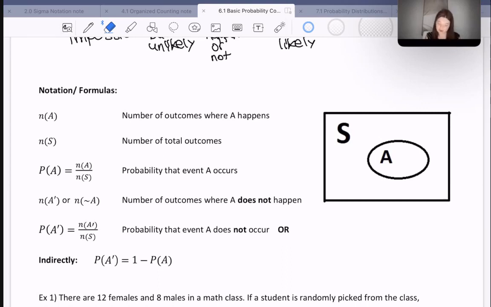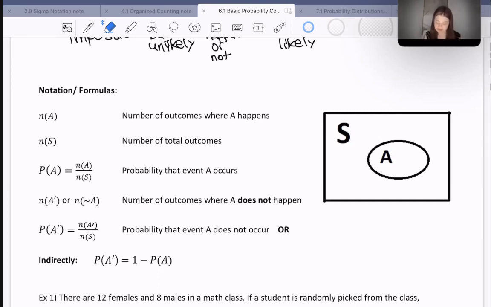Or indirectly, we could also say that the probability of A not happening is equal to 1 minus the probability of A happening, right? Because 1 is the total of all the cases. And if we subtract off the probability that A does occur, then what are we left with? The rest of the probability scale, where A does not occur, right?